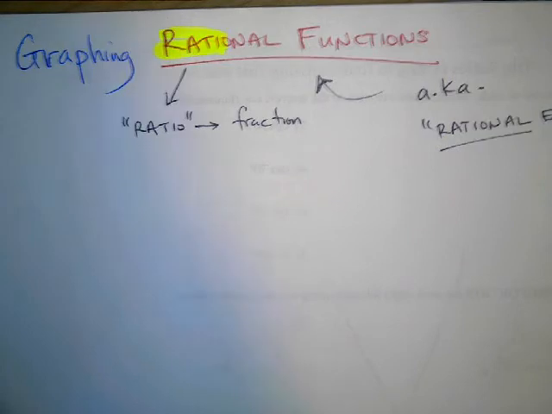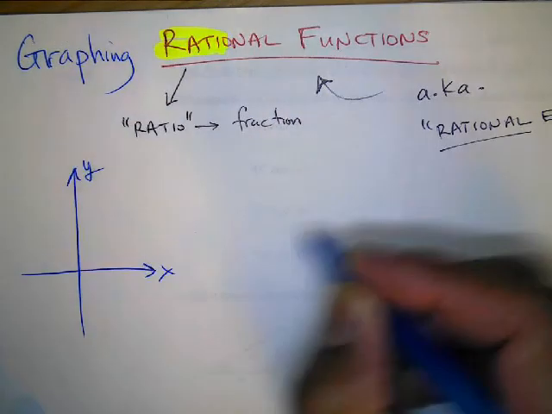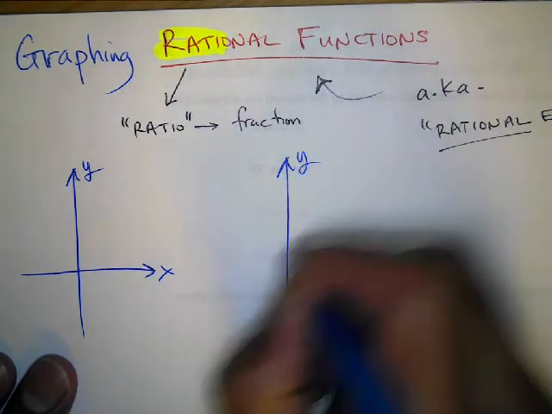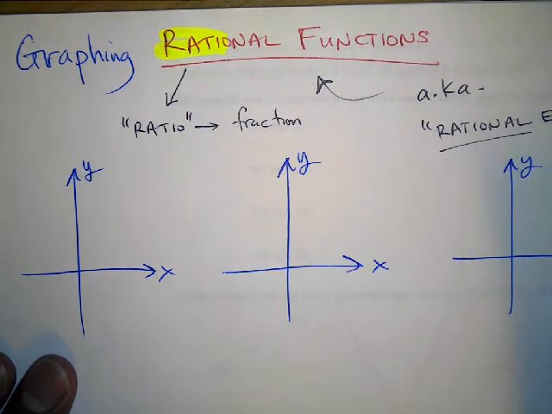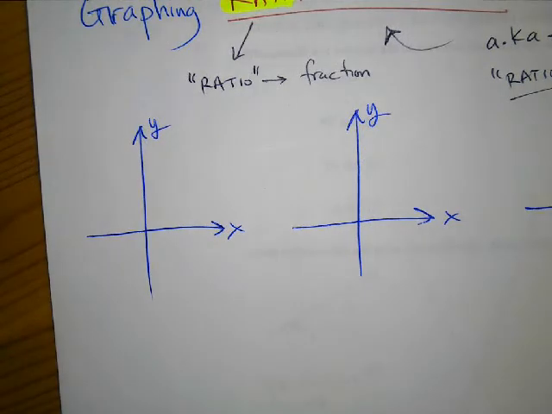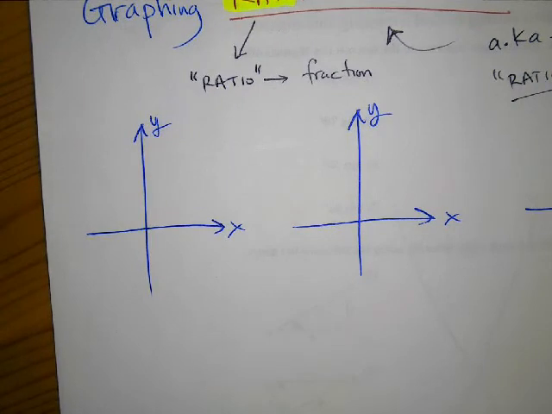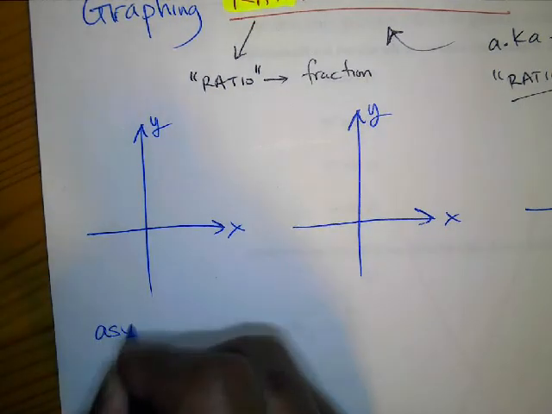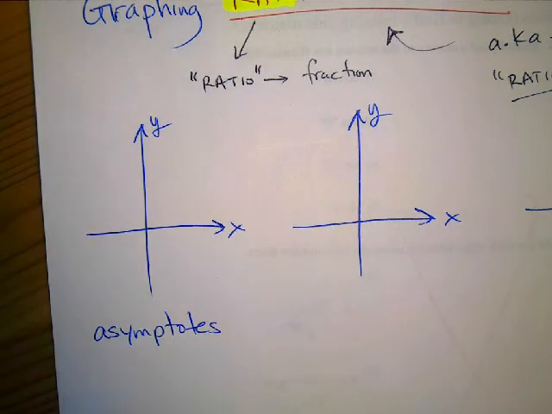So what you're going to have is obviously an XY plane. We're going to be graphing all of these on an XY coordinate axis. Let's draw a few of them out here, just real quick sketches. This is the way these graphs are going to look, and what's going to happen is, not the X and Y axis, but you're going to be drawing these other asymptotes.